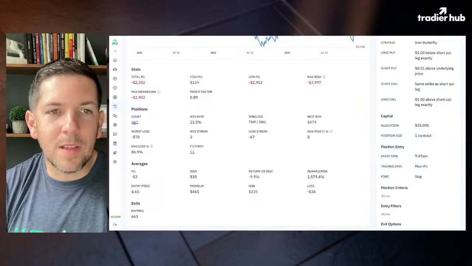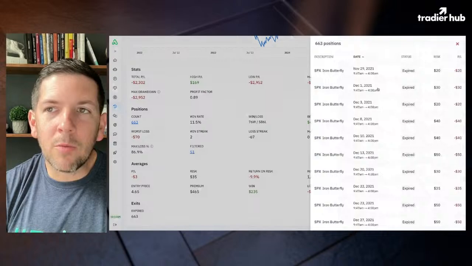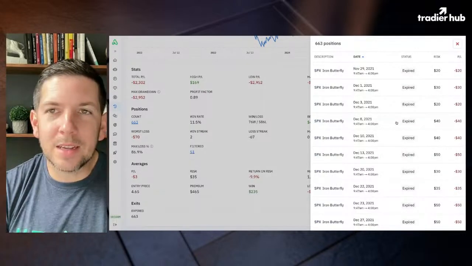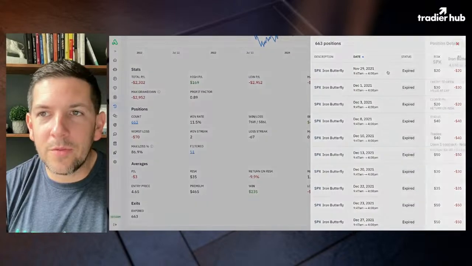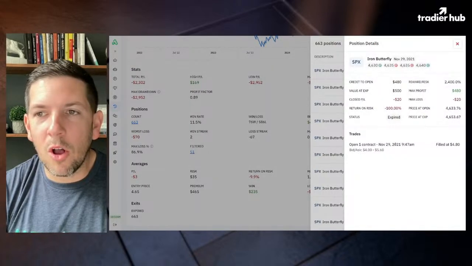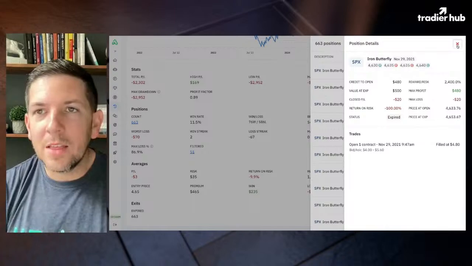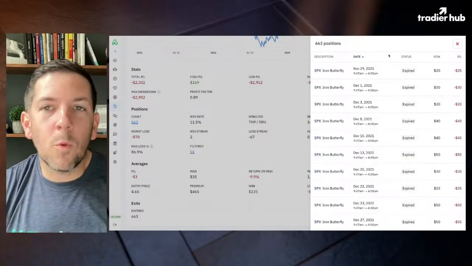But you can see it entered a lot of positions, 663 positions. What I like about the way that we put together this new backtester is we give you all the logs and all the position data, every single thing, all the fills. There's total transparency into what data went into it.